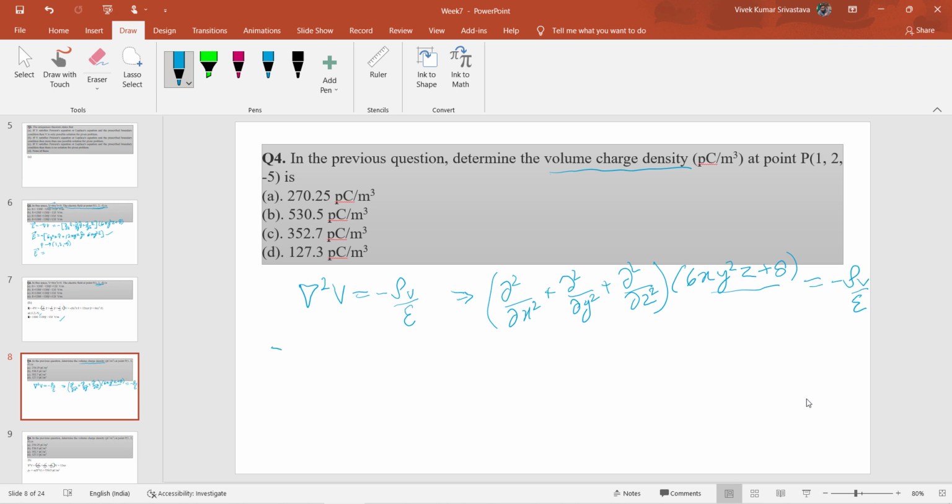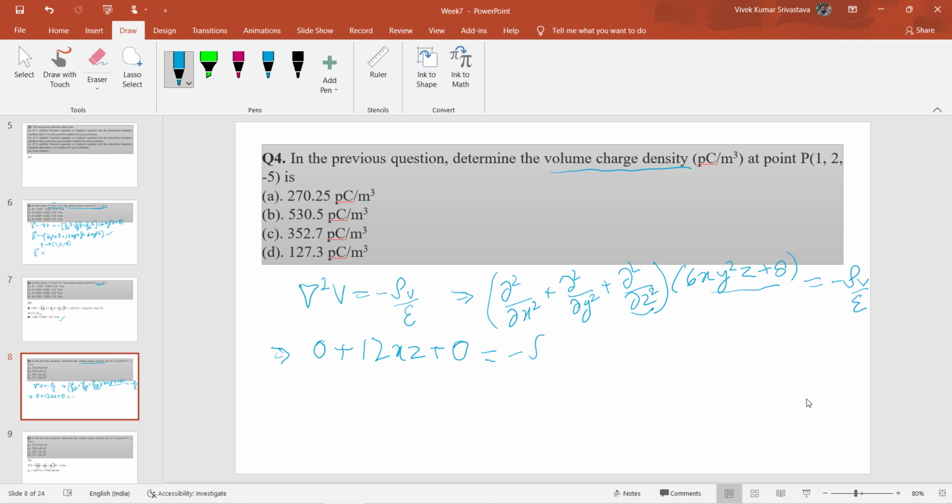Now we will double differentiate this function with respect to x, y and z for evaluating the value of rho v. Once we differentiate this function with respect to x, this becomes 0. Now when we differentiate with respect to y, this becomes 12xz, and again when we differentiate with respect to z, this derivative becomes 0.